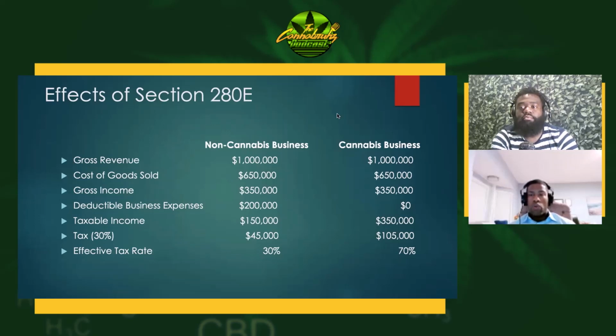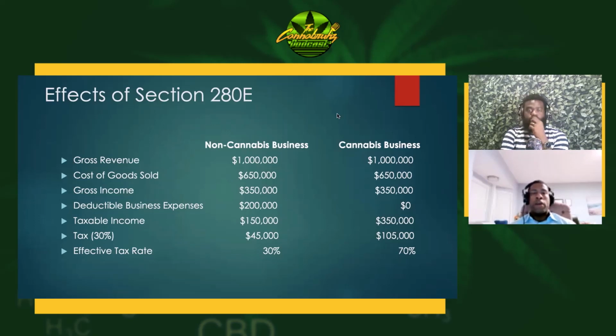Now he's having to pay significantly more money in his business than I would within my ice cream shop. That's why 280E is so huge, and why we call 280E your third business partner.